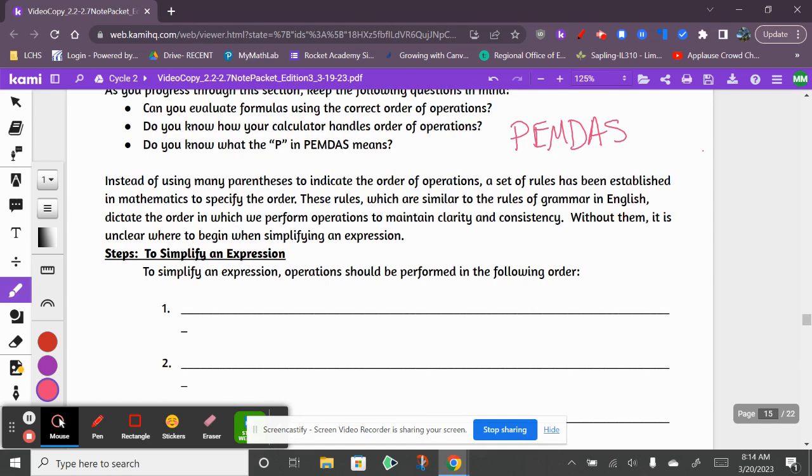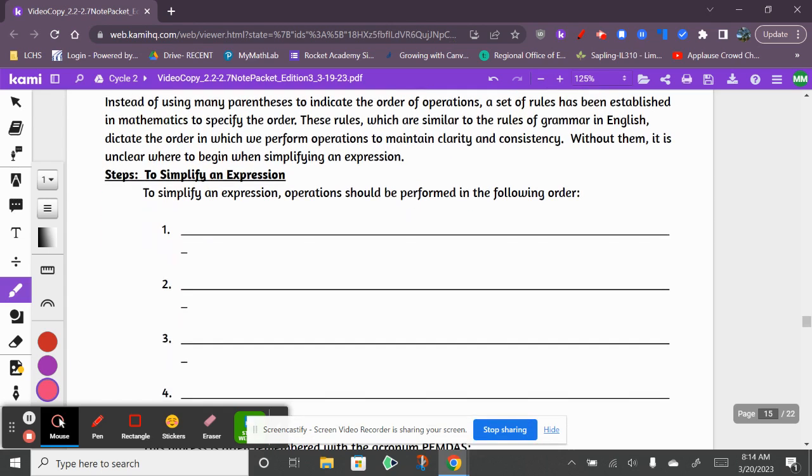So, to simplify an expression, operations should be performed in the following order. We're first going to look at grouping symbols. And these can include parentheses, another form of parentheses, which is brackets, a fraction bar, a square root symbol, or absolute value.